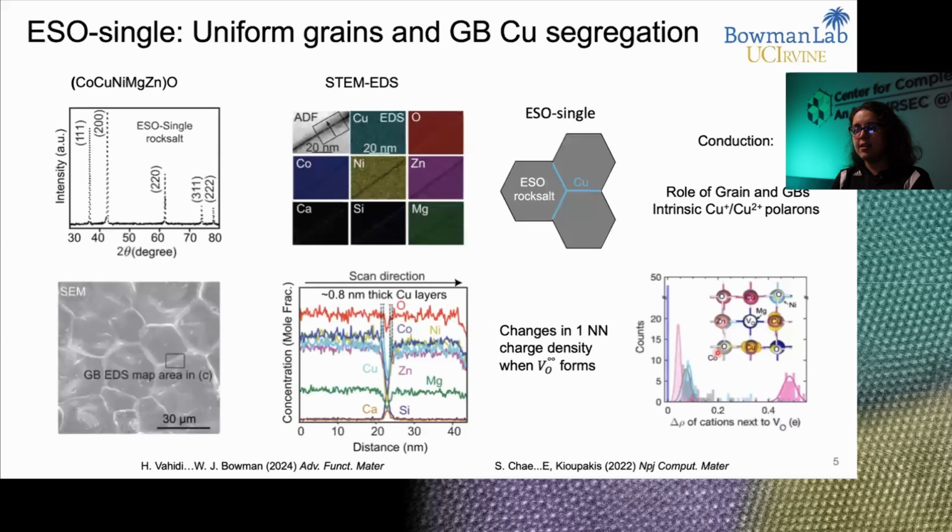So we think this is in agreement again with our observation of copper wanting to leave and join the grain boundaries. And we think that makes it highly likely for copper to actually reduce to copper +1 and potentially create copper +1, copper +2 pairs of small polarons.